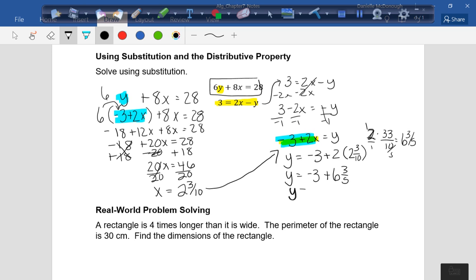And then if I combine those together, that's going to equal 3 and 3/5. So my ordered pair would be 2 and 3/10, 3 and 3/5. That would be my solution. And if I go back up and check, that should come out correct.